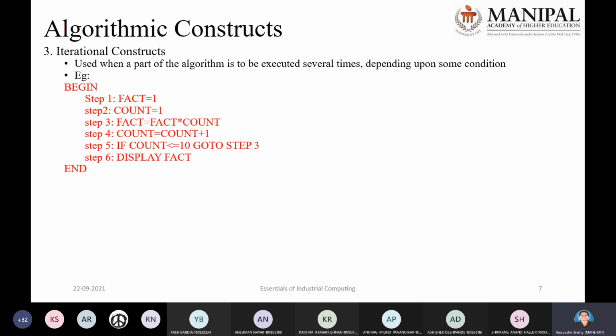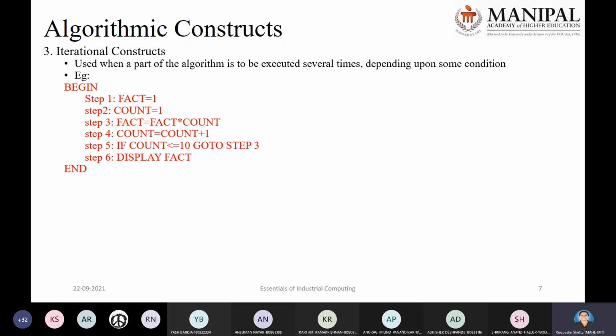You can see count less than or equal to 10, right? So every time what happens is you find the factorial. Initially, I assume that the factorial is 1. So finding the factorial of 10 is 1 into 2 into 3 into 4 into 5 till n, that multiplication. So fact is equal to fact into count. Count is initially 1.